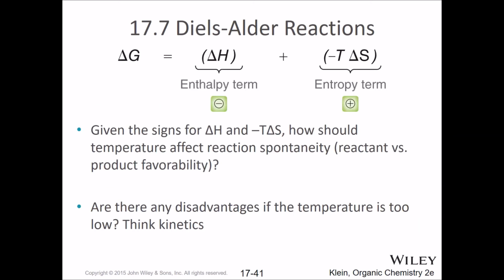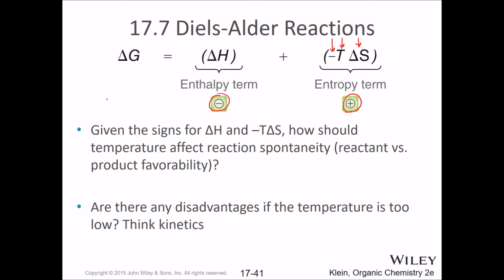The sign for the entropy term is always going to be positive. Why? Because that's always positive, that's always negative, and this is negative, and a negative times a negative is a positive.